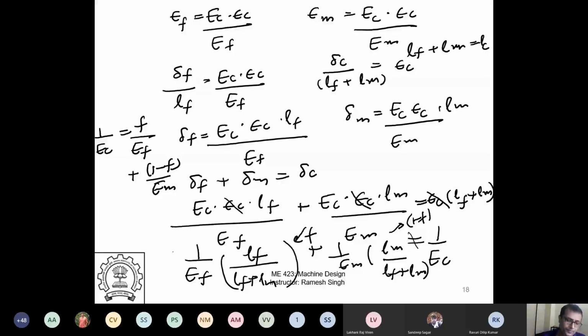So these are the two absolute limits. One is the rule of mixture, and the other is the inverse rule of mixture. So these are the two brackets in which a composite actually works.